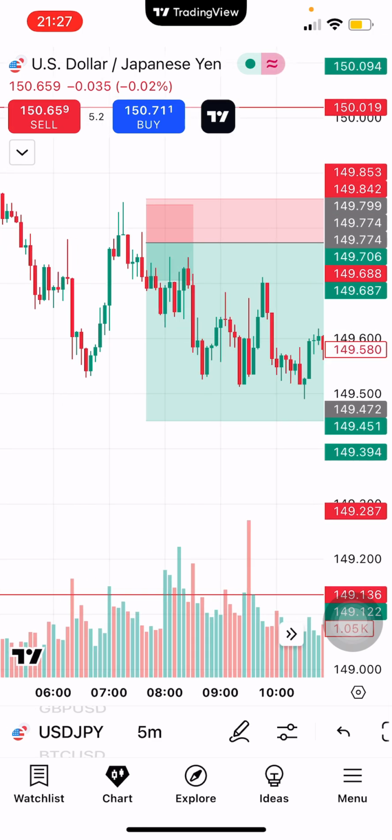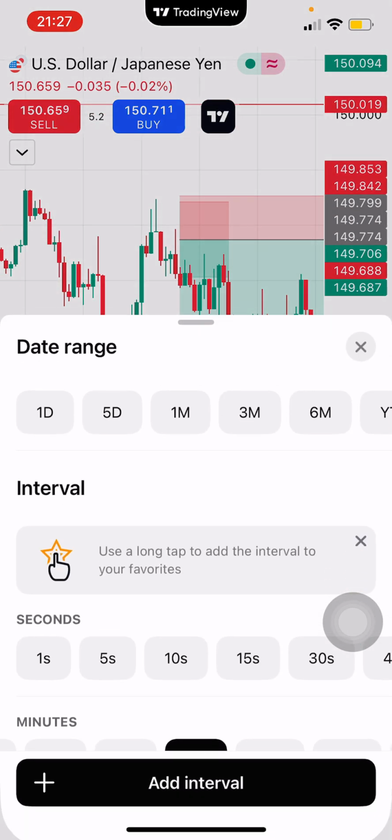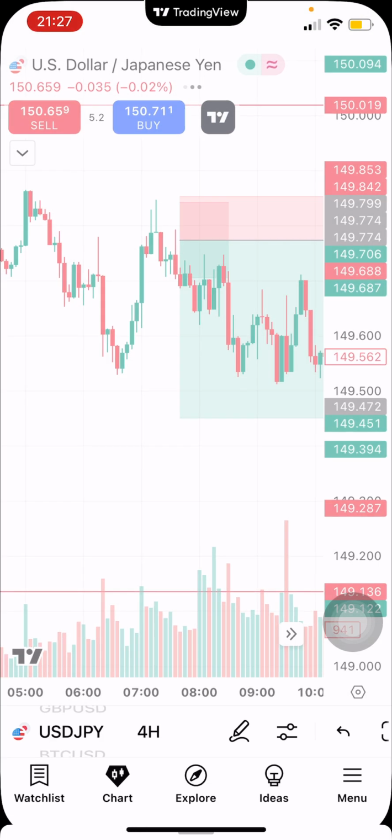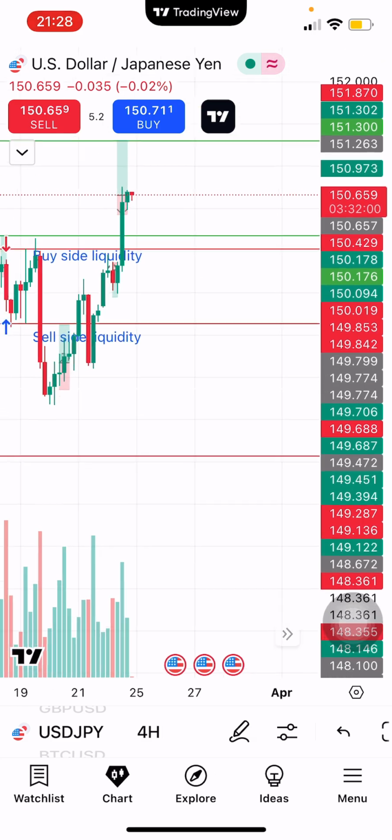And what I'm essentially doing is I'm looking for daily bias first of all, and daily bias is saying, in the 4 hour, I think 4 is usually enough for me.